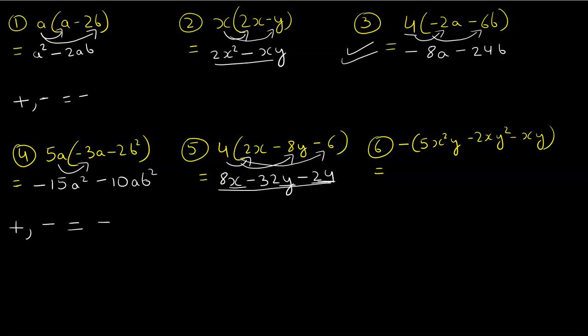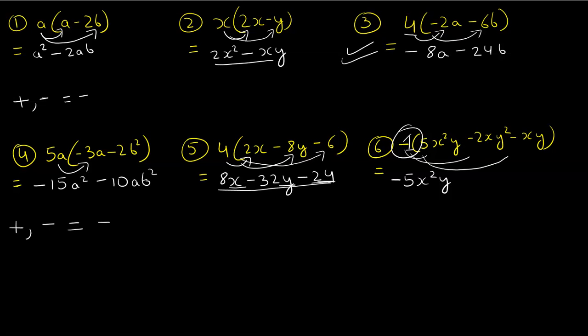The last one can be tricky, but it's not much to do over here. We simply have to multiply the negative sign with every one of them, and a negative sign with nothing in front is always a 1, as you know. So when we multiply a negative sign with 5x square y, 5 is positive, but we are multiplying with the negative sign, so we get negative. 5x square y is much simpler than the other ones, because there is no number in front.